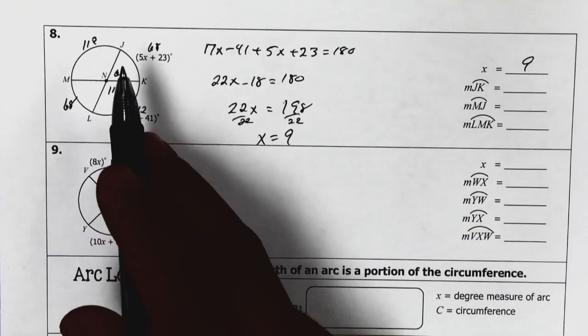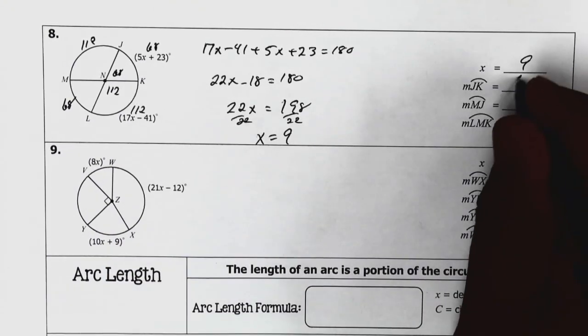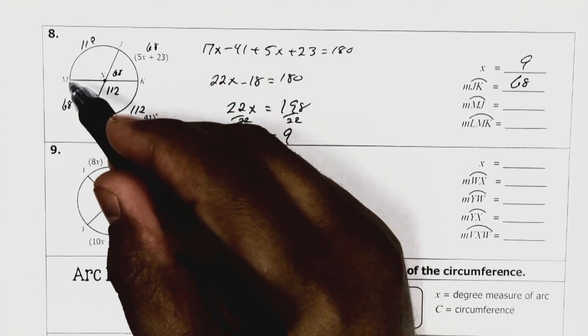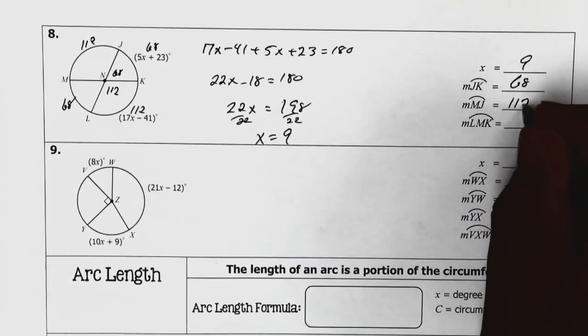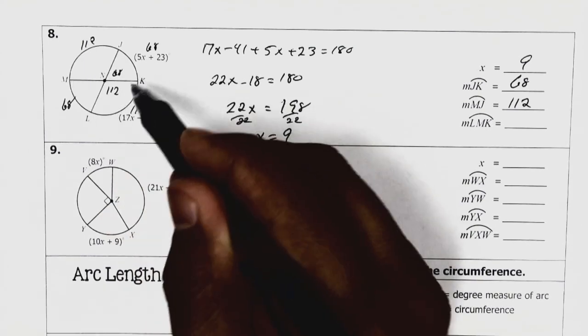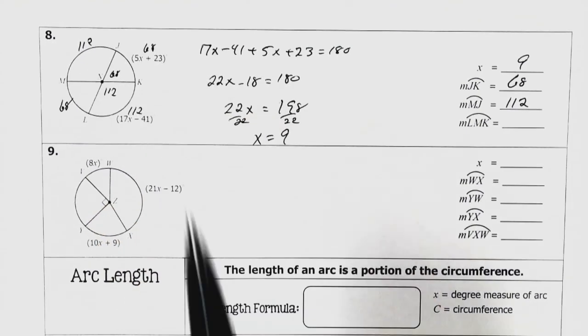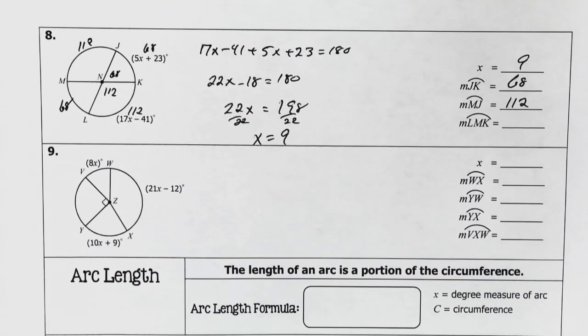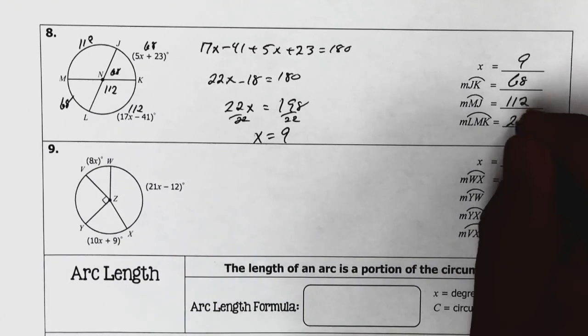So JK is 68. MJ is 112. LMK is all the way around, so 68 plus 112 plus 68, which is 248.